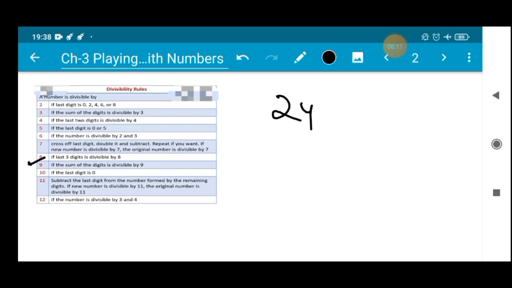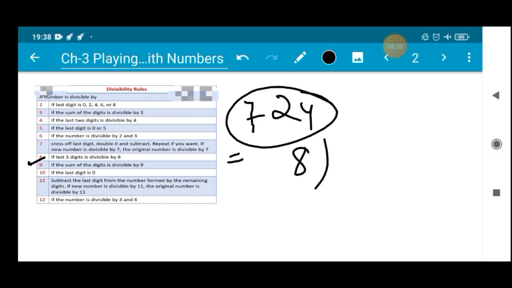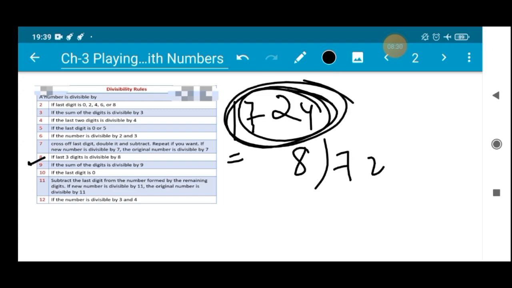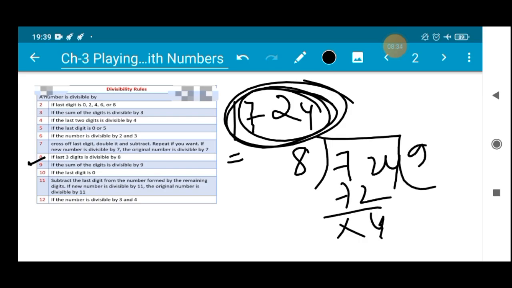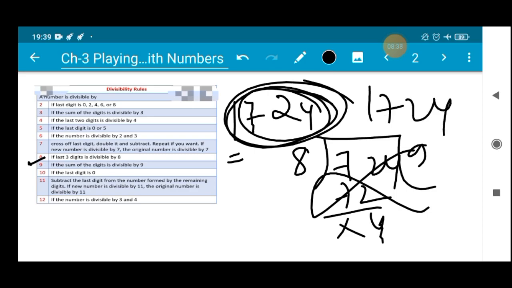Suppose the number is 1724. If this last 3-digit number 724 is divisible by 8, then the whole number will be divisible by 8. Say 724: 8 nines are 72, 4 remains, no, it's not divisible. So you will say that 1724 is also not divisible by 8.